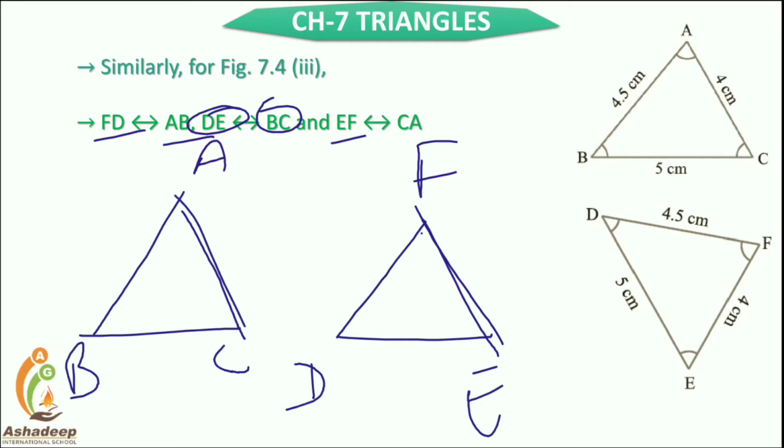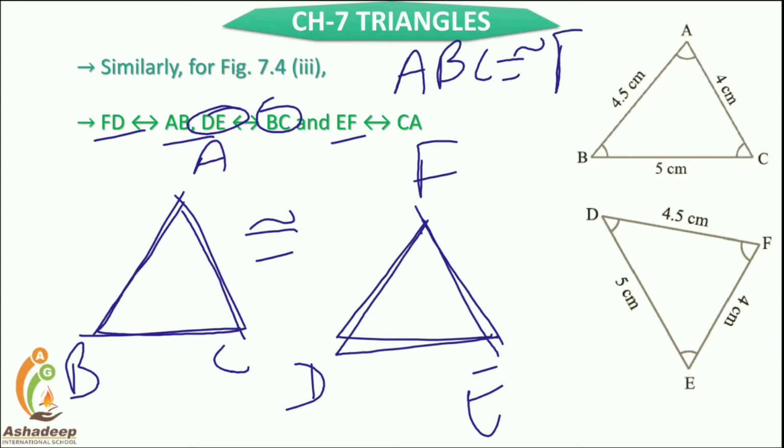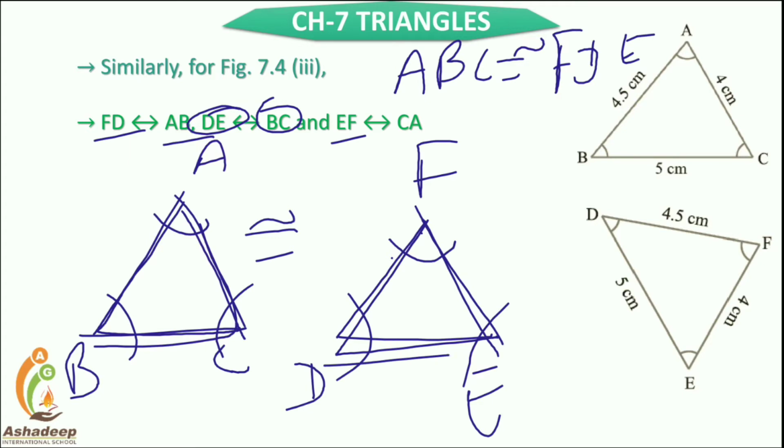Okay, now if you want to write the correspondence, how can you write ABC? I'm writing here ABC is congruent to FDE, right? With A comes F, with B comes D, with C comes E. But if you want to write BCA, you can say DEF, right?